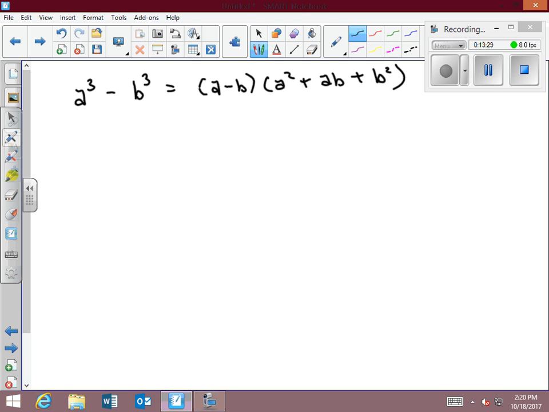Right? And then the sum of cubes is going to factor into a plus b, a squared minus ab plus b squared. So unless you want to learn all of those factoring rules, you probably better take your algorithm.